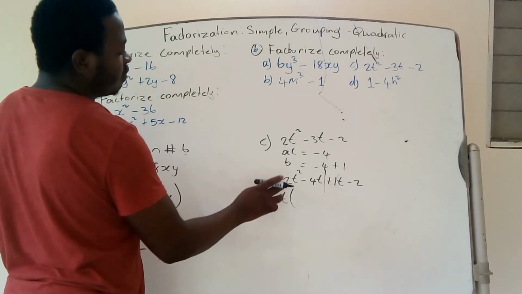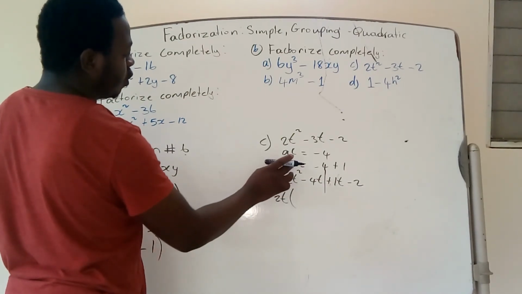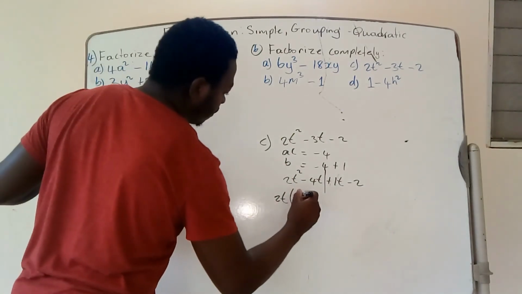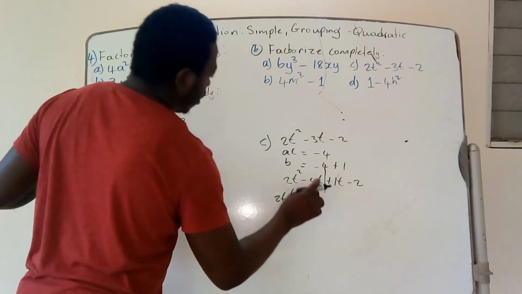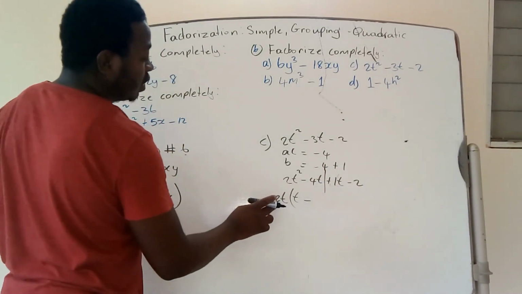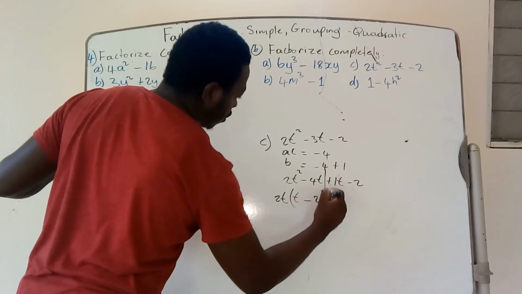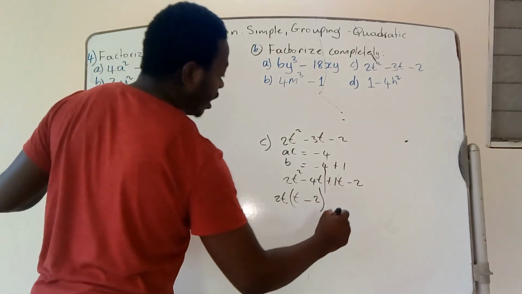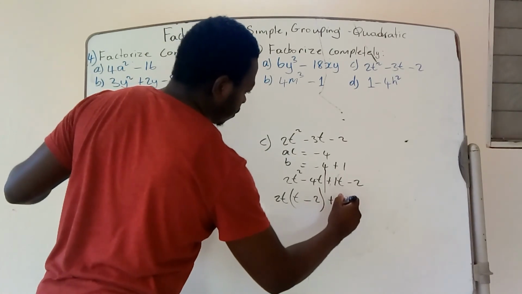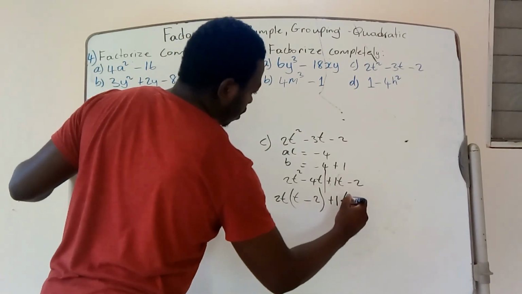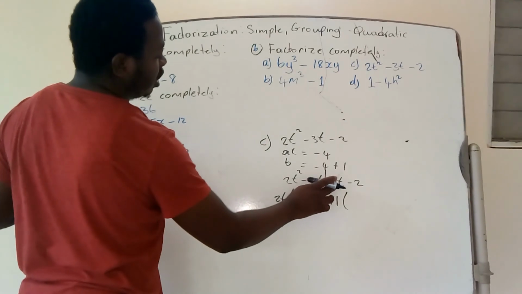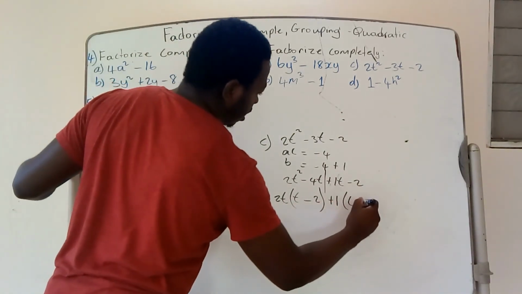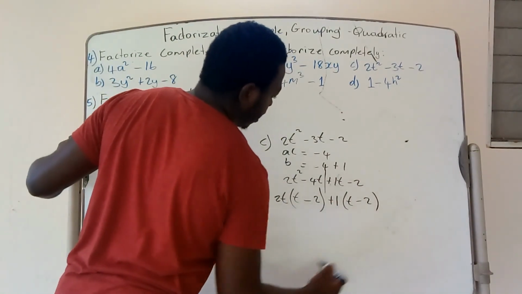Take the 2t to divide each term, so 2t squared divided by 2t leaves us with t. 4t divided by 2t leaves us with 2. Here we can factor out a positive 1. And if you divide each term by 1, t minus 2 is what is left.